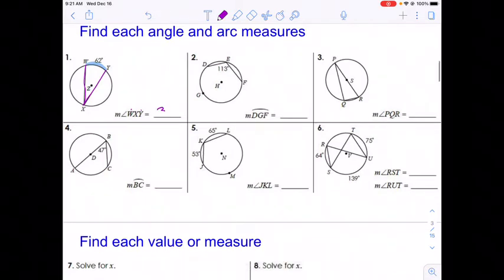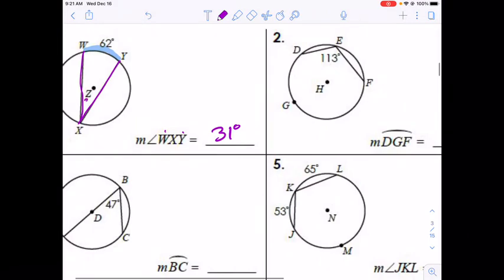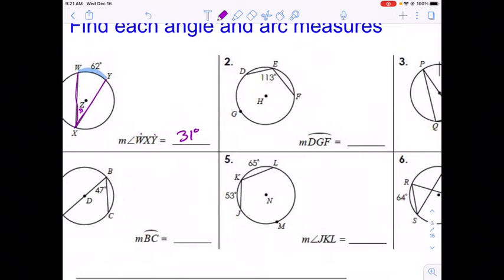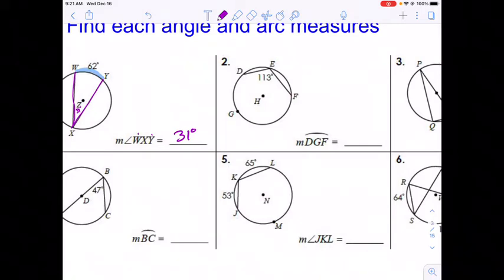That's going to be 31. So 31 degrees is the measure of this angle. You can set up the equation to solve it, but you can also just do the math in your head or on your calculator.